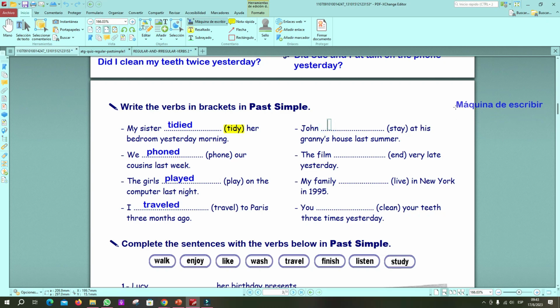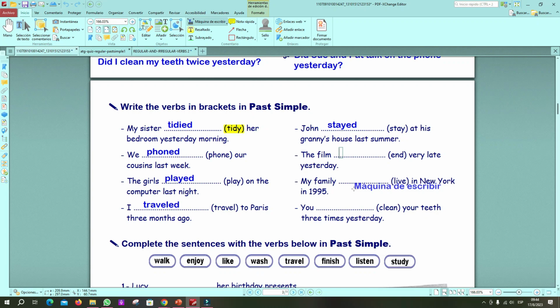John stayed at his granny's house last summer. Okay, good. The film, what? Ended very late yesterday.